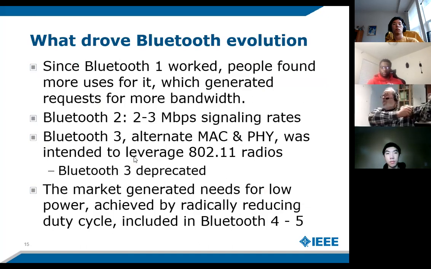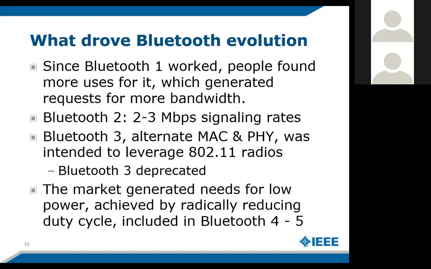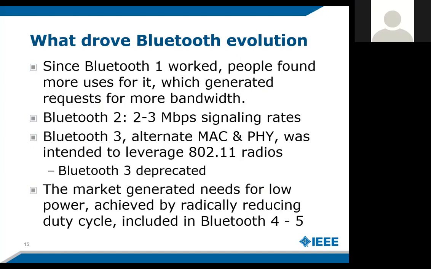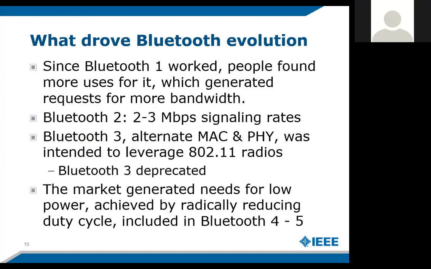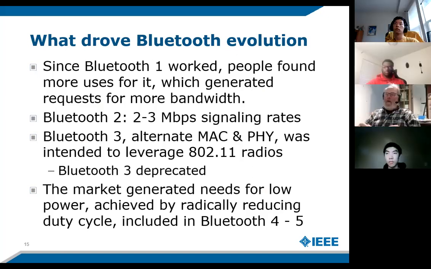What drove the evolution? When Bluetooth 1 worked, people found more uses for it, which generated requests for more bandwidth. This happens everywhere. In every kind of system, if people really like it, they'll come up with more uses of it and it'll get more popular, and people will want it to go faster and with lower power, et cetera. That always happens.